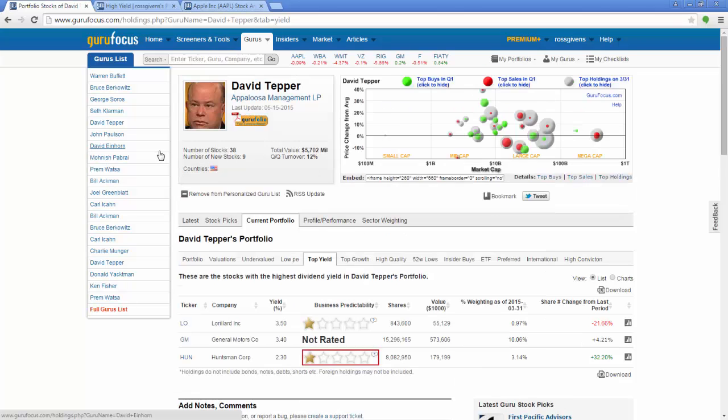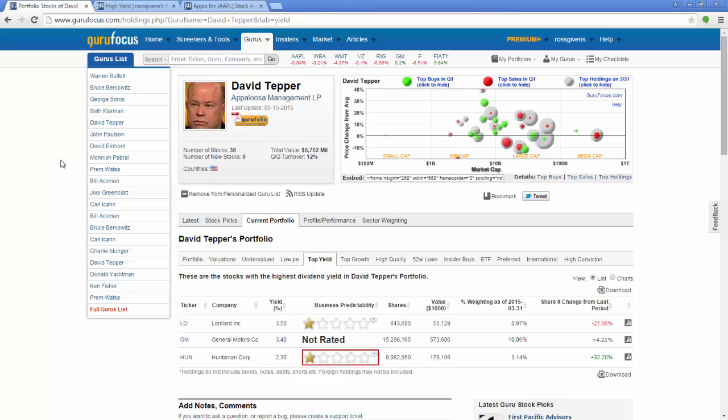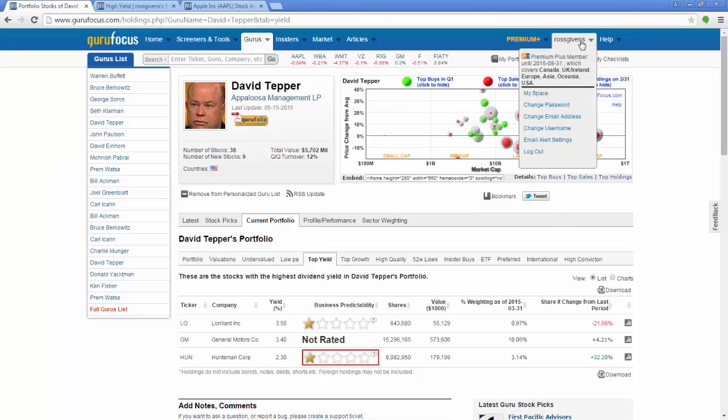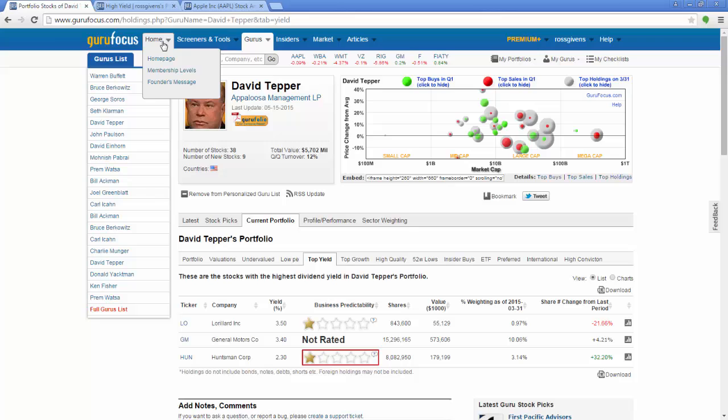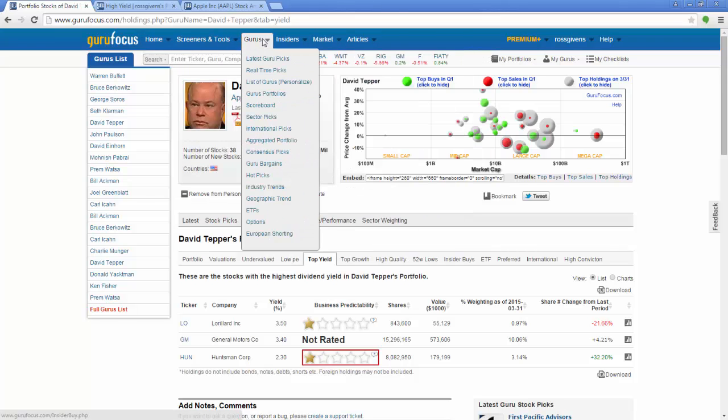So those are the main tools to identify high quality dividend stocks, and how you do it from there. Again, I think a nice way is with those virtual portfolios. I don't know where mine went, so I lose track.